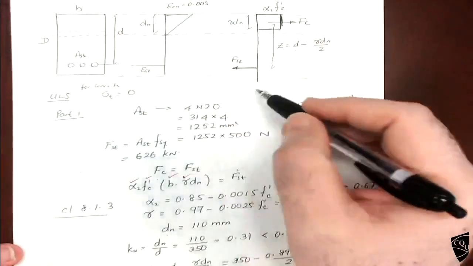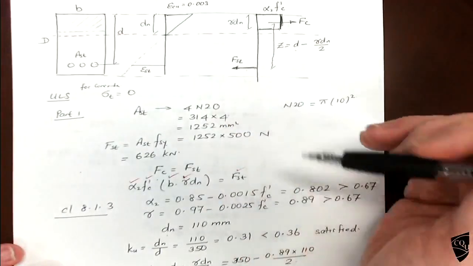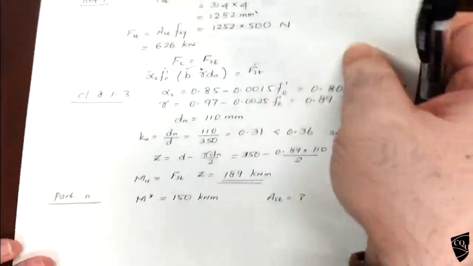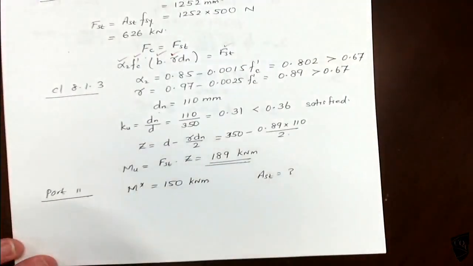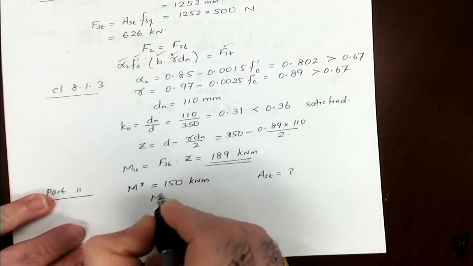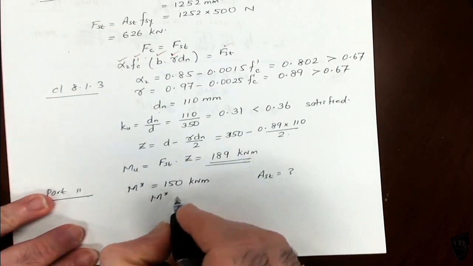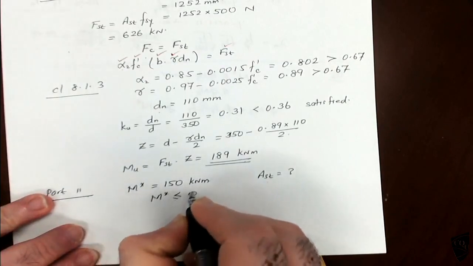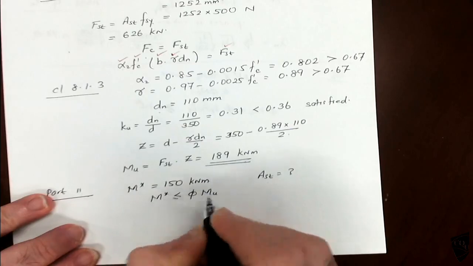All others are known in this diagram. But when you work backward, it's a little extra maths, but the method is the same. So the standard says M star should be less than or equal to phi mu.